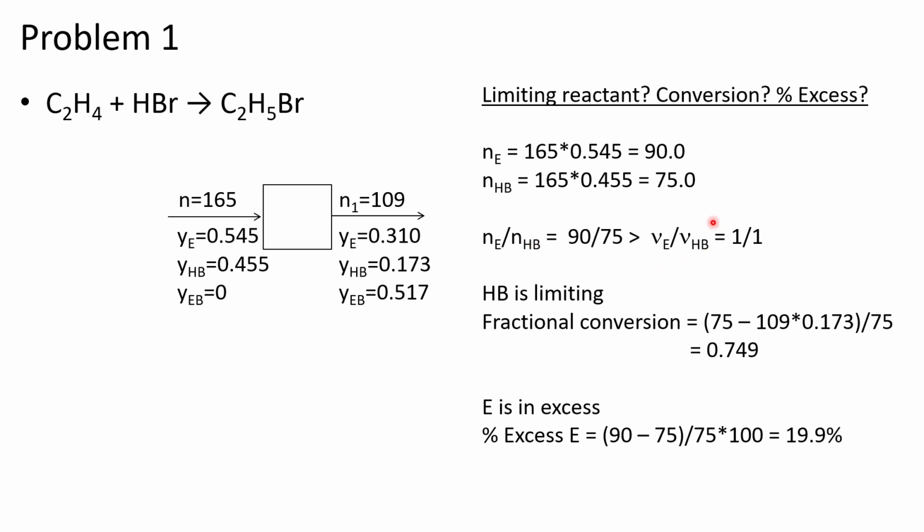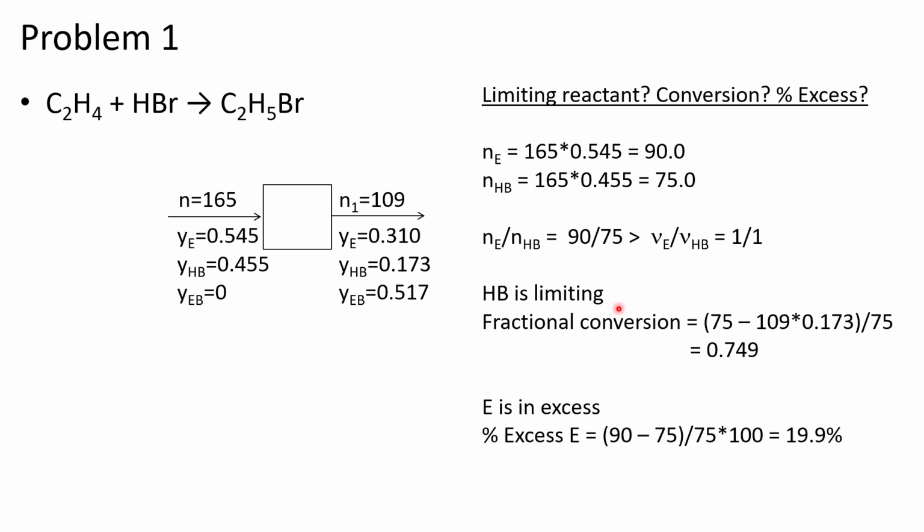The stoichiometric coefficient for ethylene is 1, and for hydrogen bromide it is 1, so that ratio is 1. It's pretty clear that 90 is greater than 75, so this ratio is greater than 1. Since it's greater than the ratio of the stoichiometric coefficients, ethylene is in excess, and hydrogen bromide is limiting.